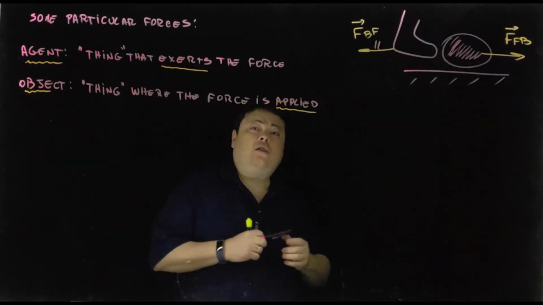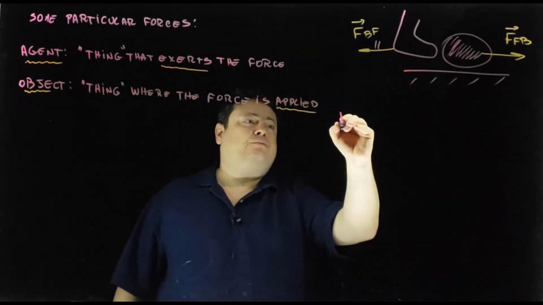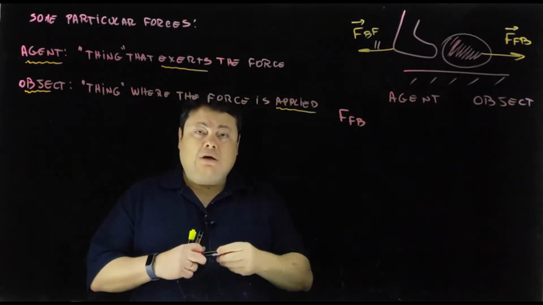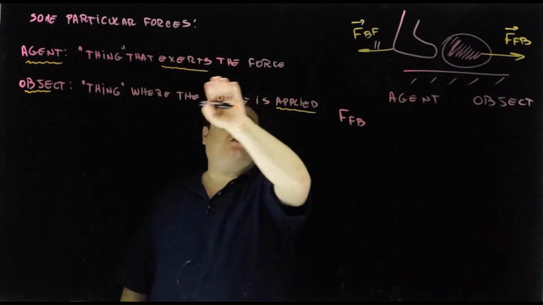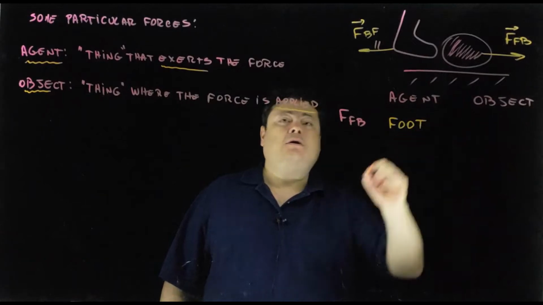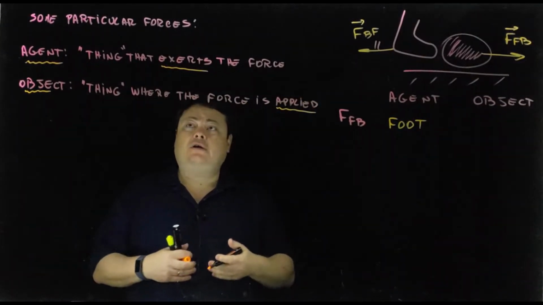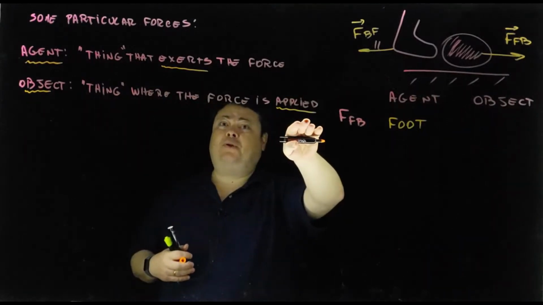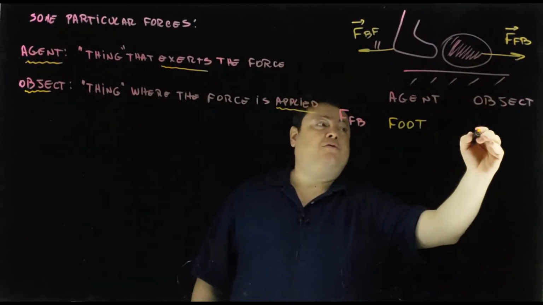So, for the force of the foot on the ball, the agent is the one that exerts the force, that is the foot. So the foot is exerting the force of the foot on the ball. And the object is the thing where the force is applied, and that is the ball. The ball is receiving the force.